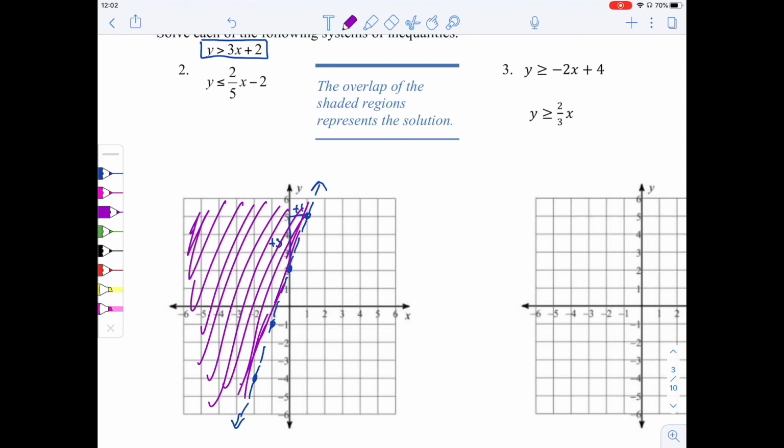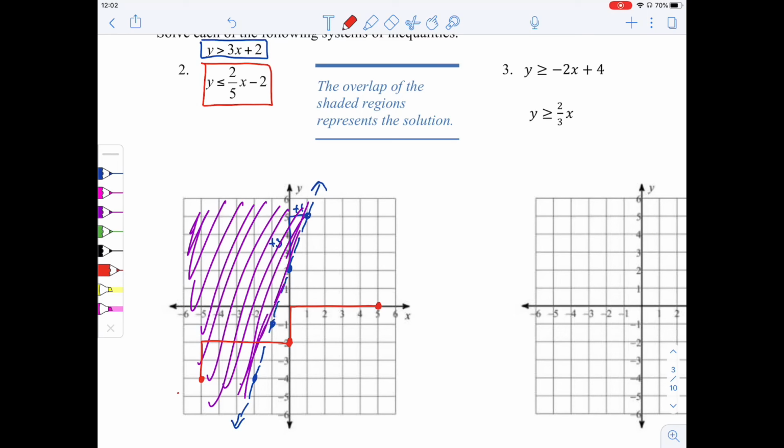Then we go on to the next one. This one we start at negative 2. Our slope is 2/5, so up 2, right 5. Follow the pattern the other way.